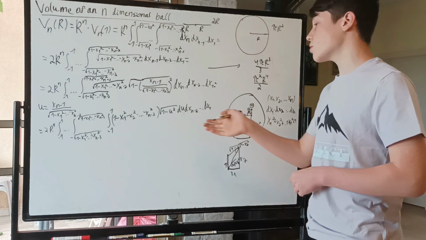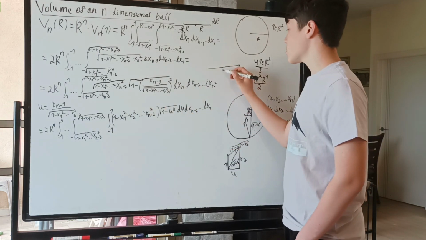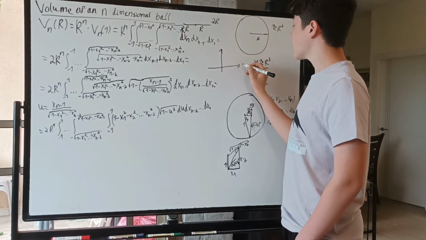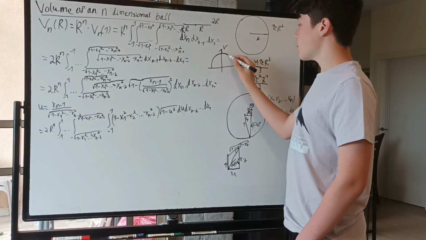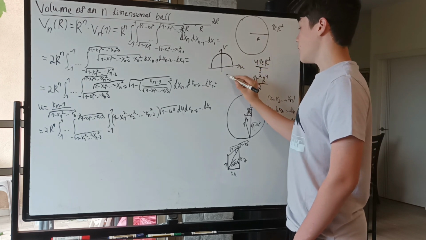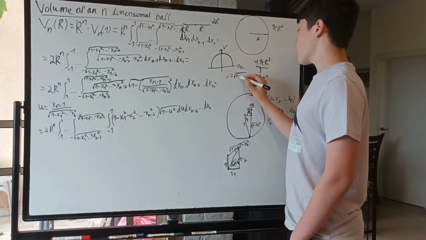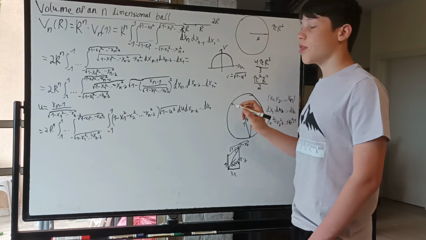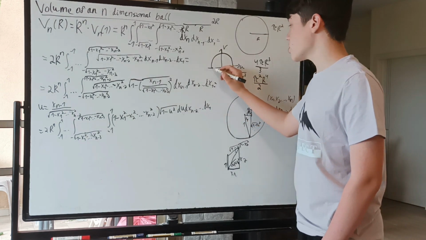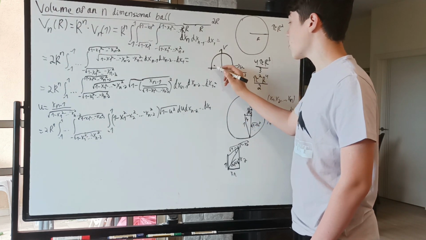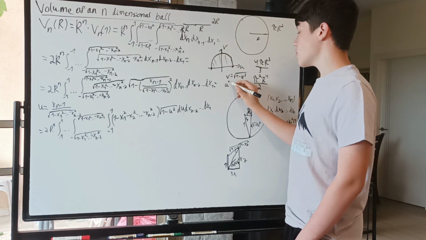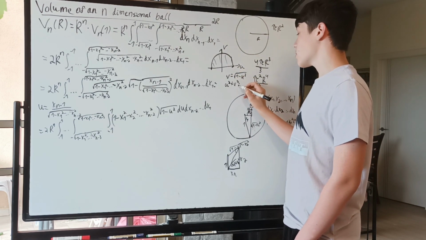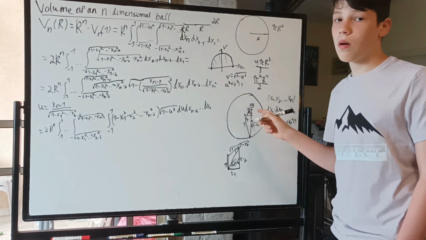Let's think of the definition of this integral with bounds. So if we have, let's say this is u, this is v, and we have the function v equal to square root of 1 minus u squared, the integral from negative 1 to 1 will be just the area from negative 1 to 1. But notice, if we rearrange a bit, we'll end up with u squared plus v squared equal to 1. So this is a circle.